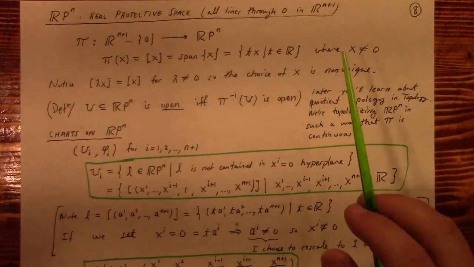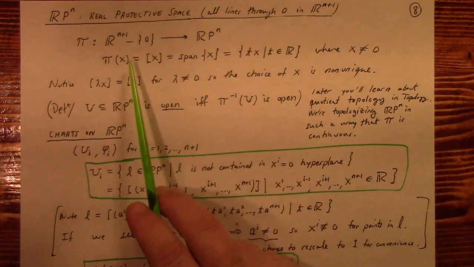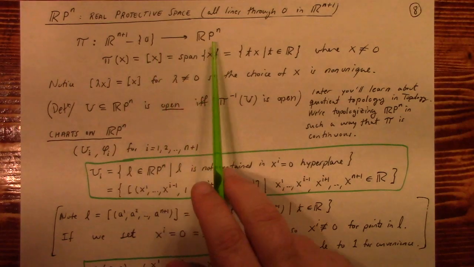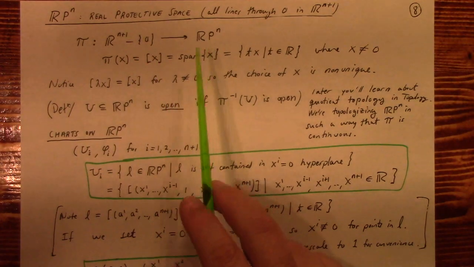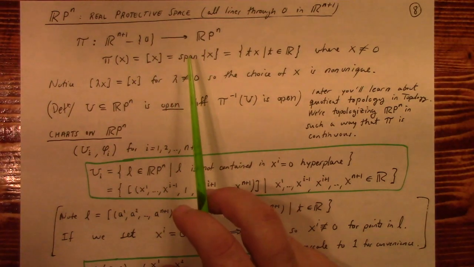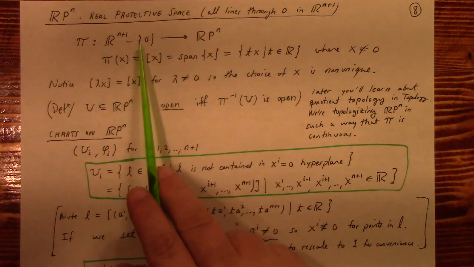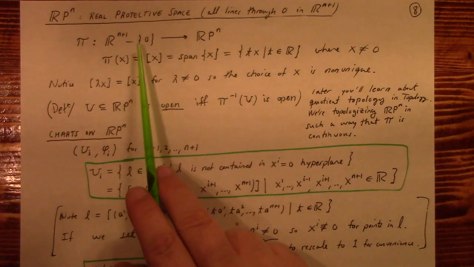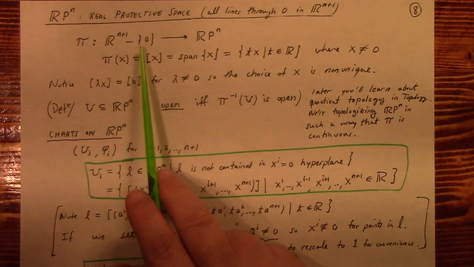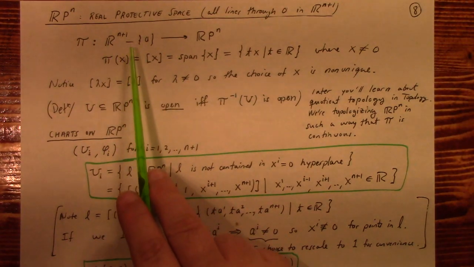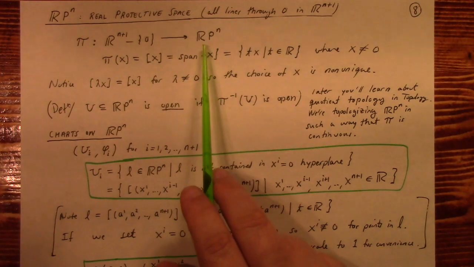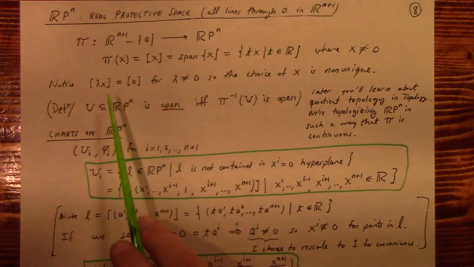And now this, of course, is not injective, I should say, because any 2 non-zero points which are scalar multiples of one another are going to map to the same line in real projective space.